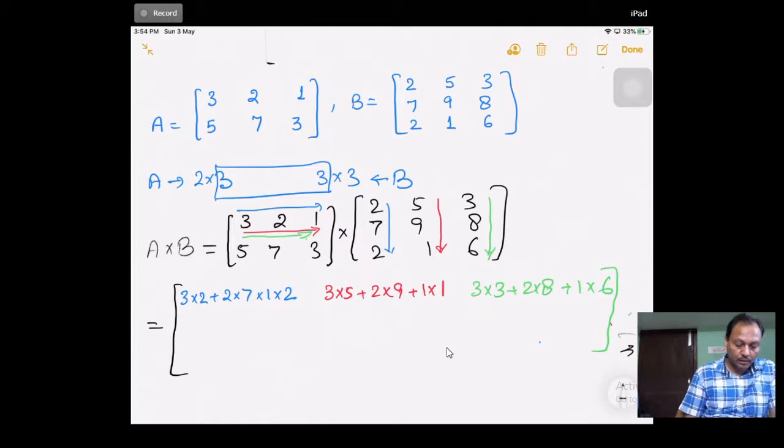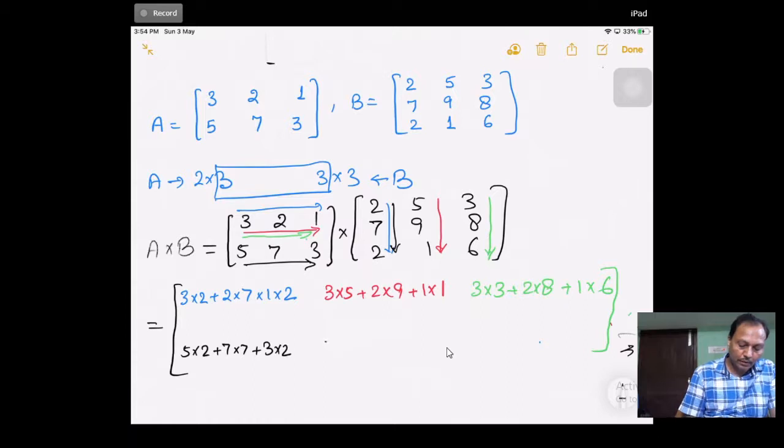Now, in the same way, in the first row we have multiplied the first row by first column, then second column, then third column. Now the second row multiplying with first column: 5 into 2 plus 7 into 7 plus 3 into 2.